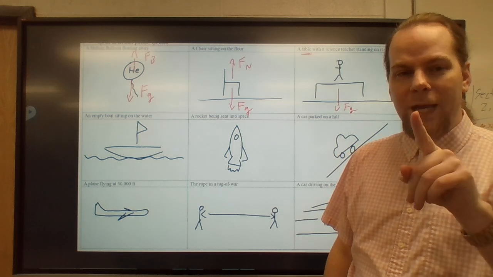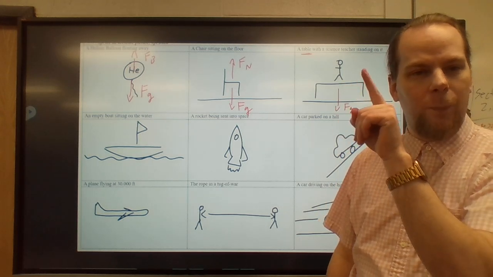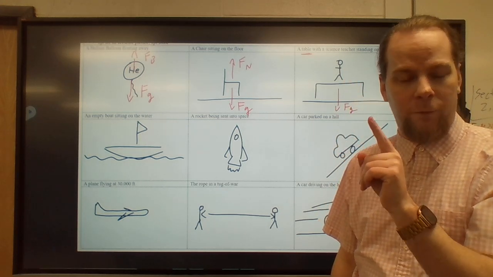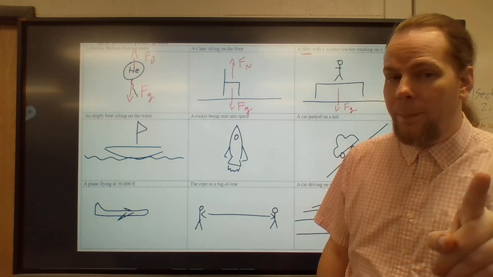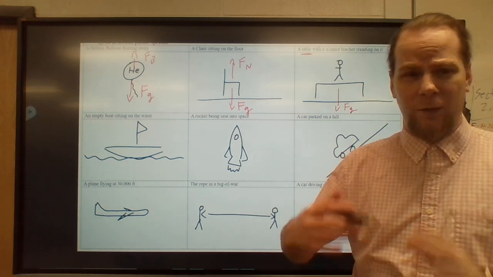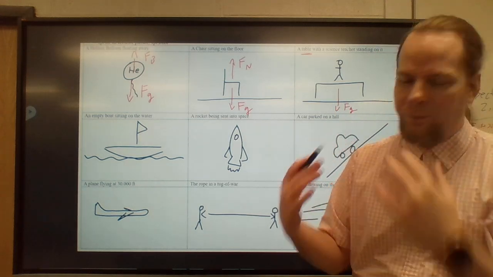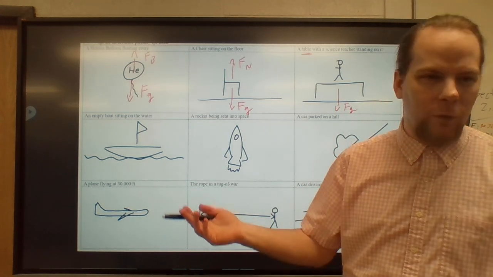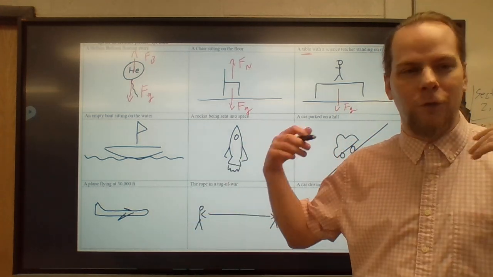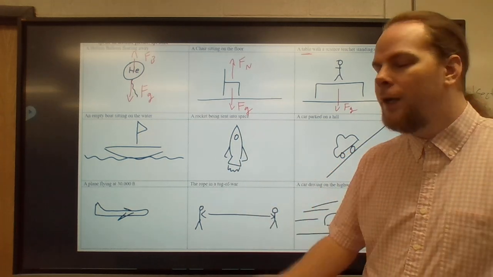Now, you might have put the weight of the person here as a second FG. That's fine. We'll come back to that at the end. Flight forces, nothing's moving. There's no flight forces on this. There's no engine. There's no airfoil. No flight forces.